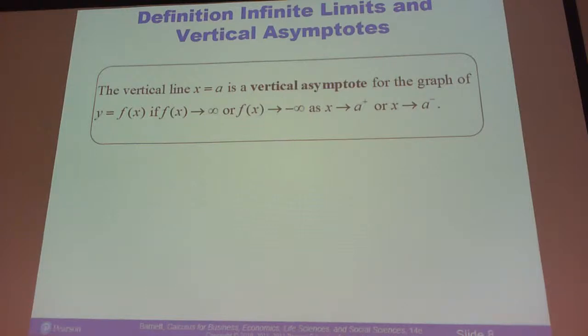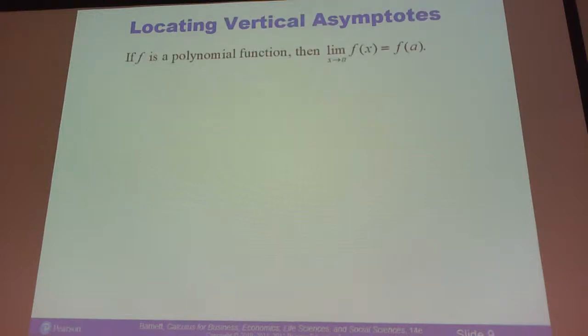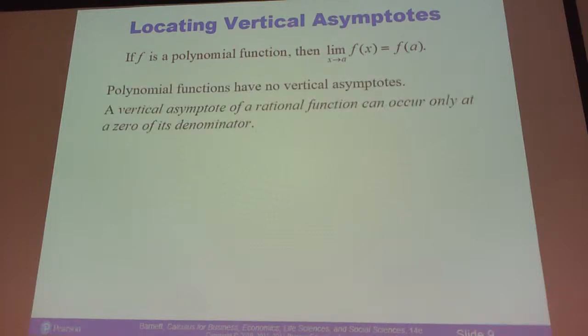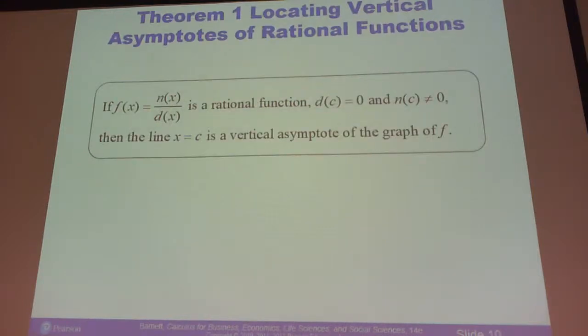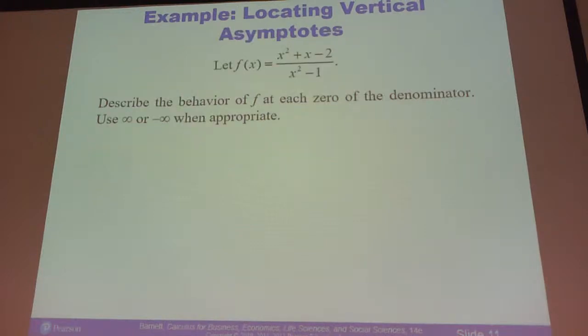It could be both going to positive infinity, both going to negative infinity, or reversed. A polynomial function has no vertical asymptotes. A vertical asymptote for a rational function is only at a zero of the denominator, which we talked about before.